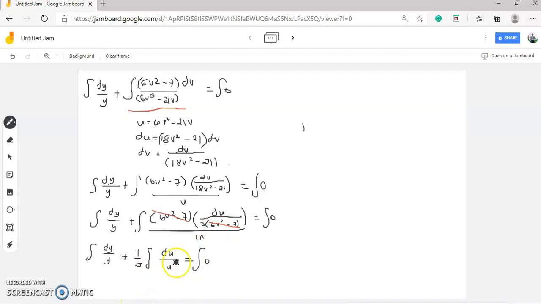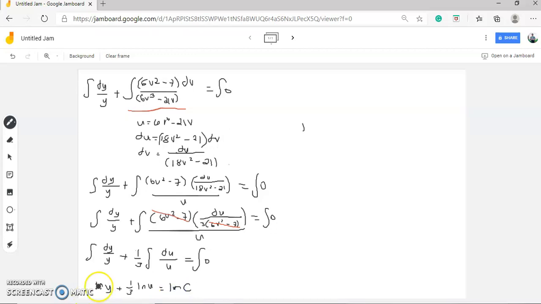So now, I'm sure you know how to integrate this one. This is already a formula. So you have the integral of dy over y, that is ln of y, plus 1/3 ln of u equals the integral of 0. Let's put it as ln of c.